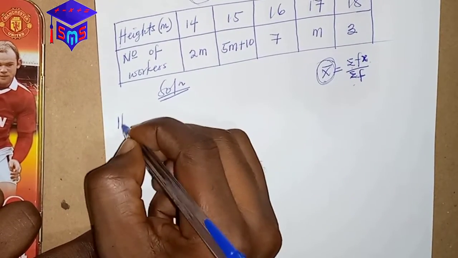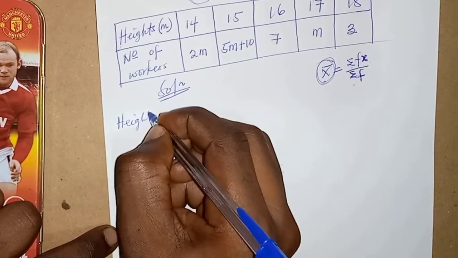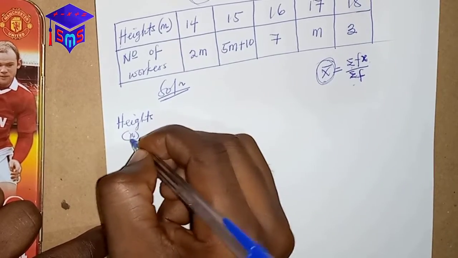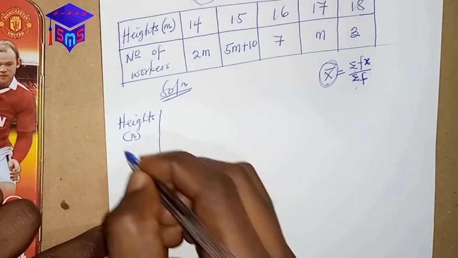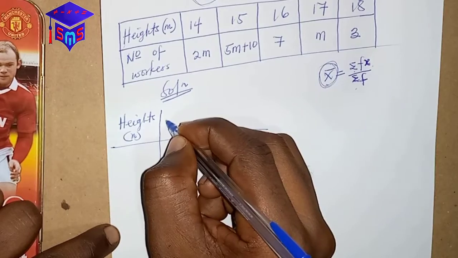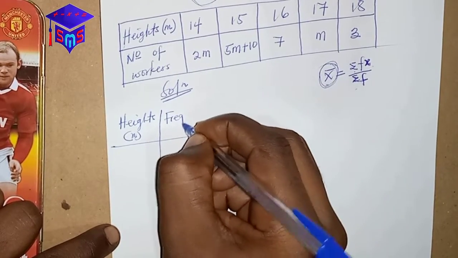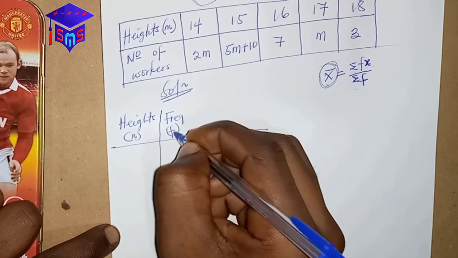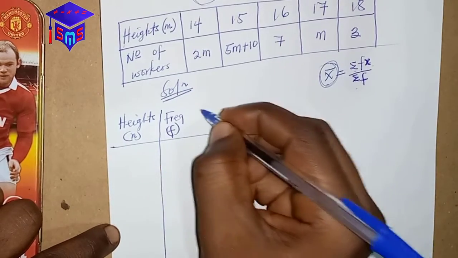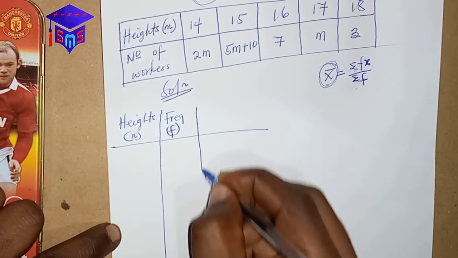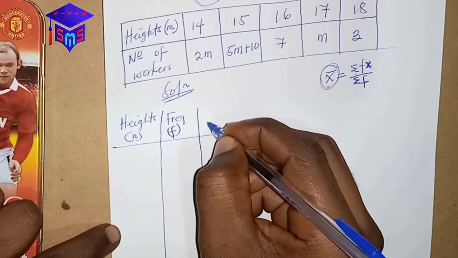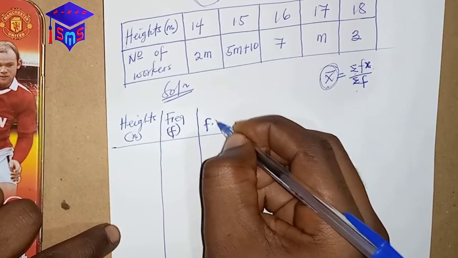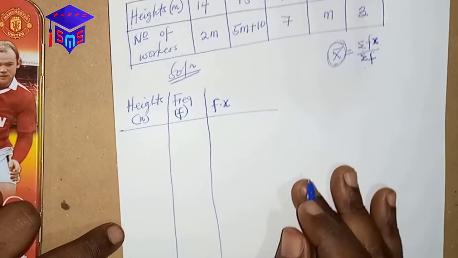So you have over here the heights, which are the x values, and then you have over here the frequency, the f values. These are actually the number of workers. Okay, and then you create a column for the product of the frequency and the x values.